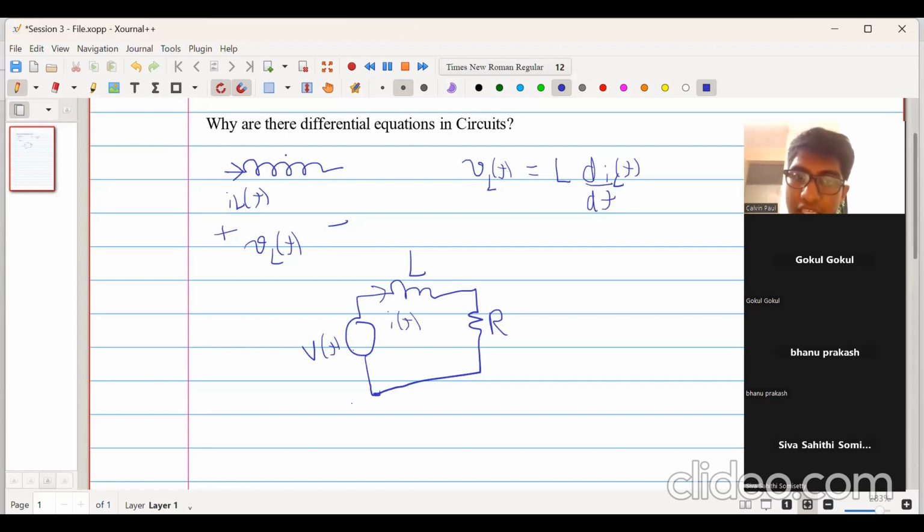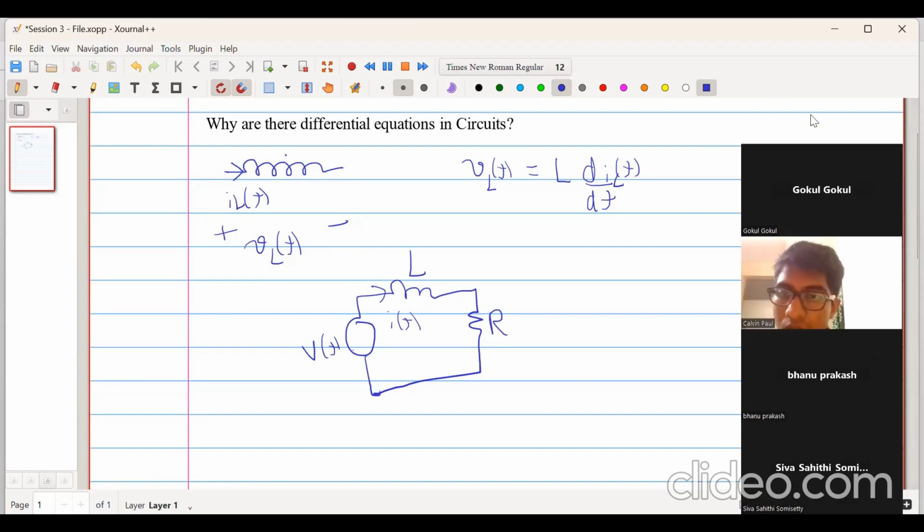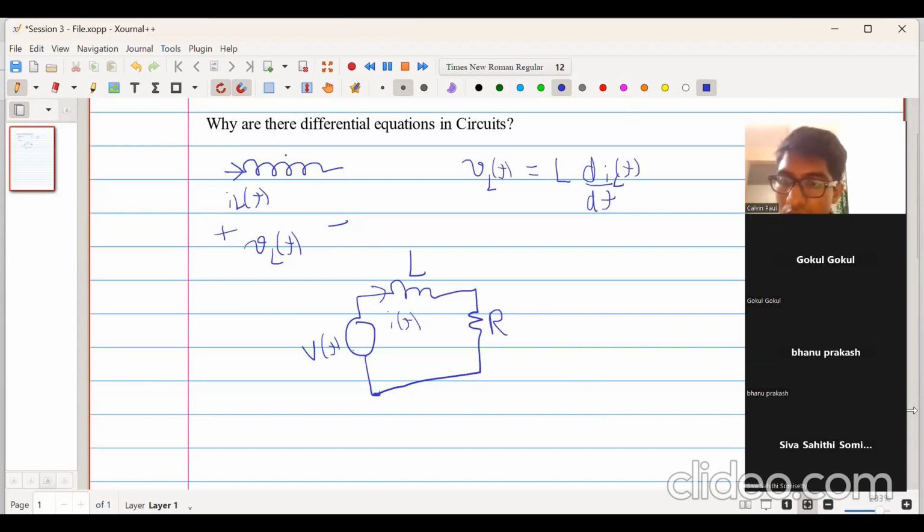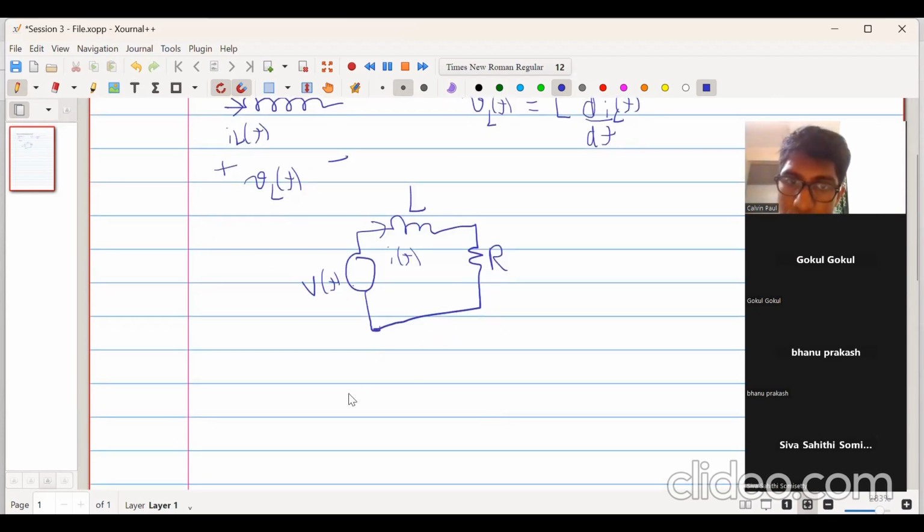When we apply KVL, what differential equation is formed? Gokul, Banu Prakash, Shiva, Sasi? R into I of t plus L into di by dt is equal to V of t.